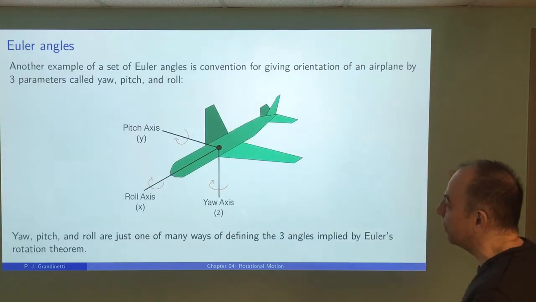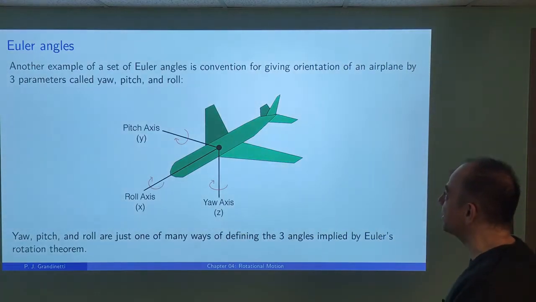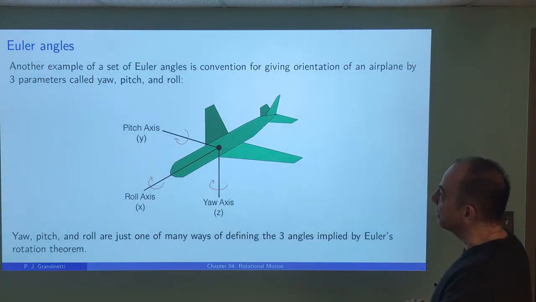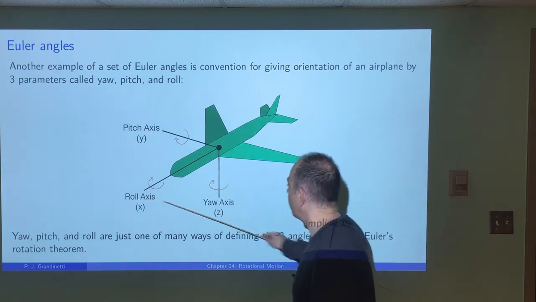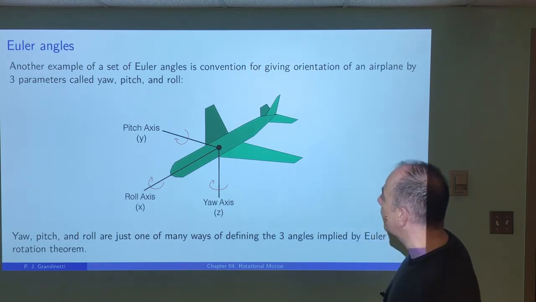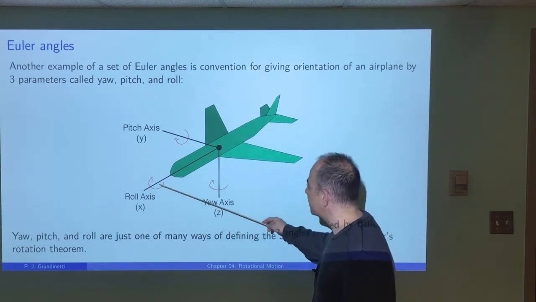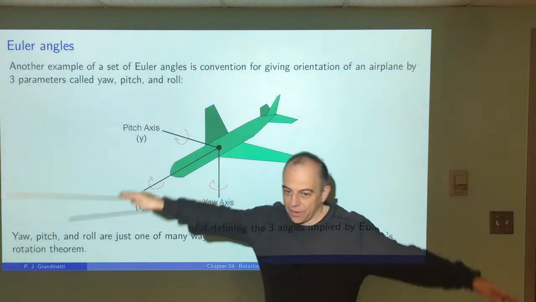Now, another example, just to illustrate the concept, but also to show you that there are many other conventions, is in the field of aviation. They use Euler angles too, except they call them pitch, roll, and yaw. When you're describing the orientation of a plane, you would use the roll axis to describe how you would rotate about this axis to move the wings down this way or that way.